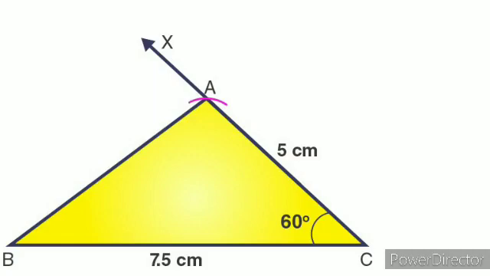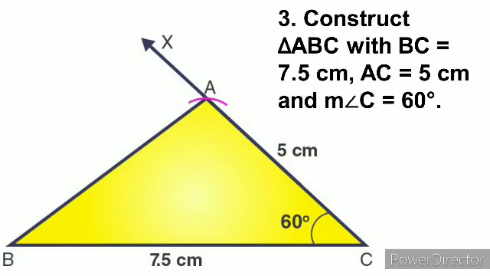So first, we will draw a line segment BC of length 7.5 centimeter. And then angle C of 60 degrees.